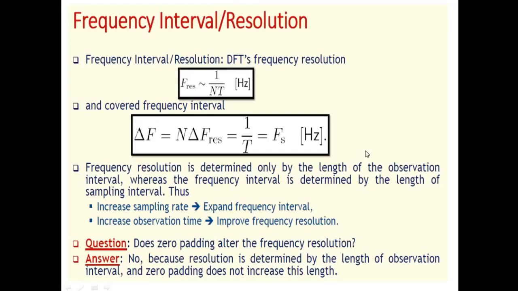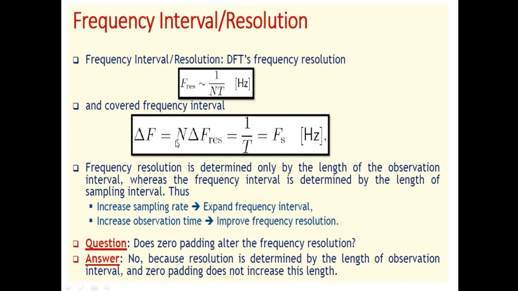The formula for frequency resolution is the reciprocal of the total time period, that is N times the sampling interval. The frequency interval, that is the change in frequency, the distance between two samples in the frequency signal, is what we call the frequency interval.